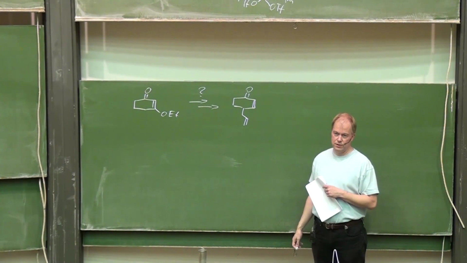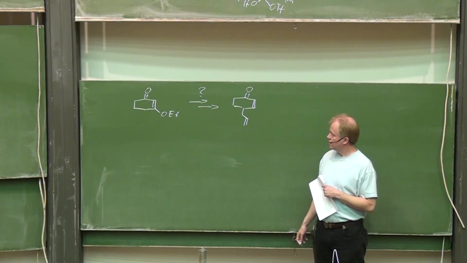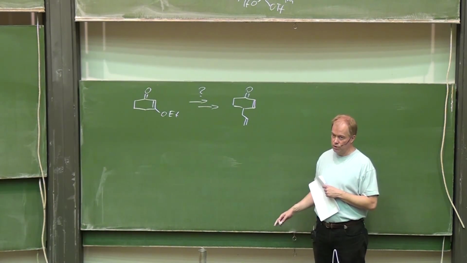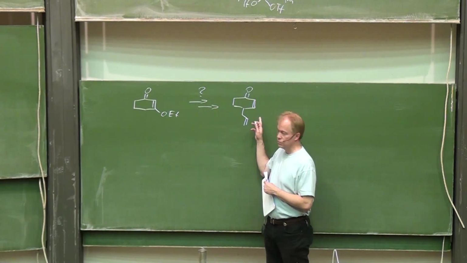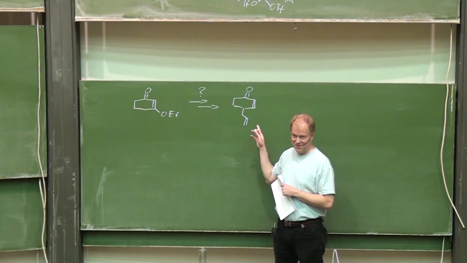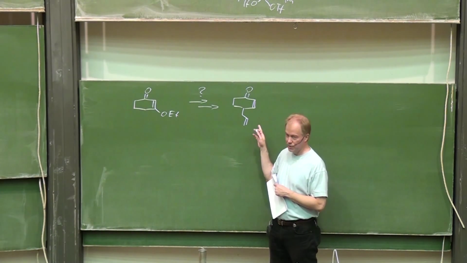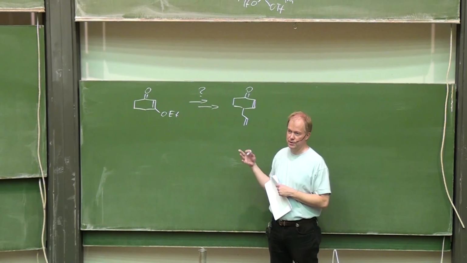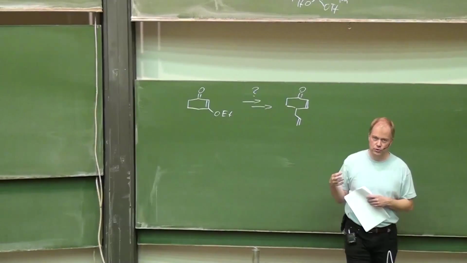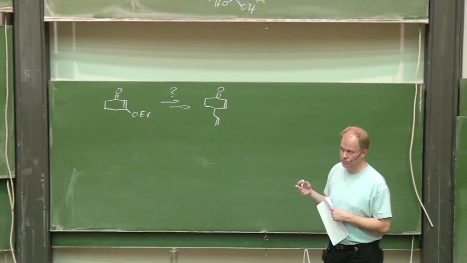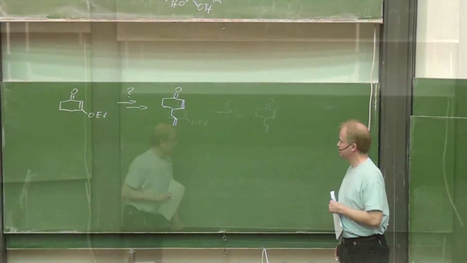Well, it's a bit tricky. I did not forget the ethoxy group in this drawing. Yeah, so it's a bit tricky. Please think about how you would solve this synthesis problem.